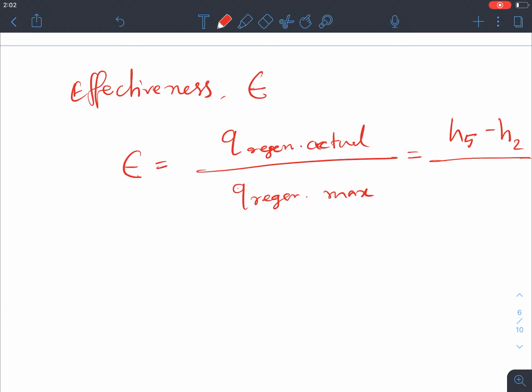So the actual, we know, is H5 minus H2, and the maximum, we saw, is H5 prime minus H2, which is H4 minus H2.